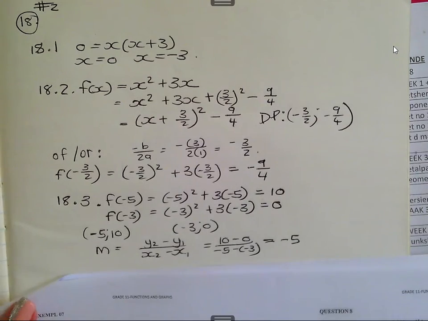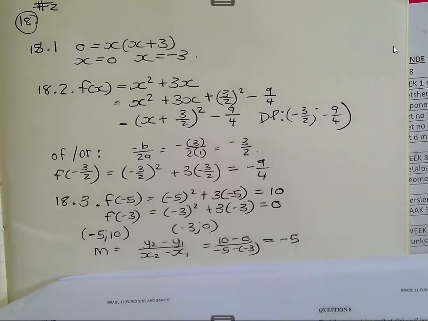Okay, hence state what you can deduce about the function f between x equal to negative 5 and x equal to negative 3. So they are actually asking you, what does a gradient of negative 5 mean? So the first thing that it means is that it is decreasing. The graph is decreasing because of the negative. And then what does the 5 mean? It means it's decreasing with 5 y values for every one x value.